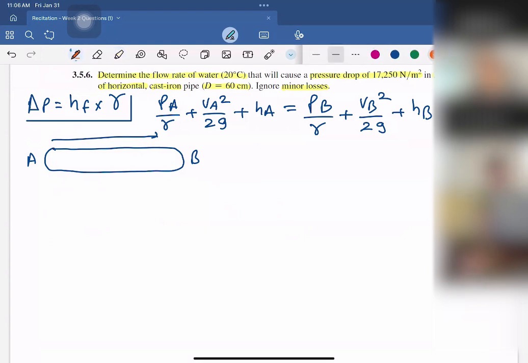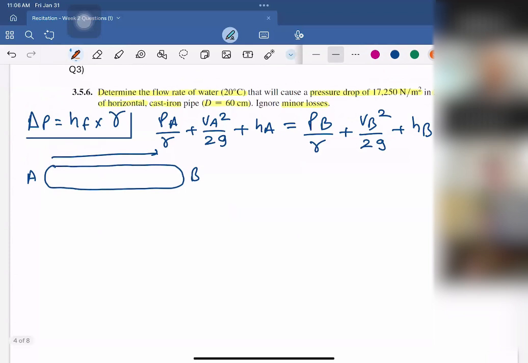The most fun part in this question is eliminating some values. So, do you want to say which one we need to eliminate based on the horizontal pipe or elevation or anything? Let me help you. First of all, the pipe is horizontal, which means we have the same elevation, so we can directly eliminate these two variables.